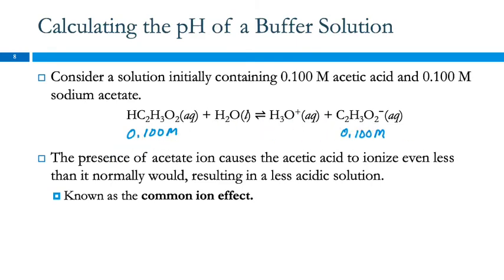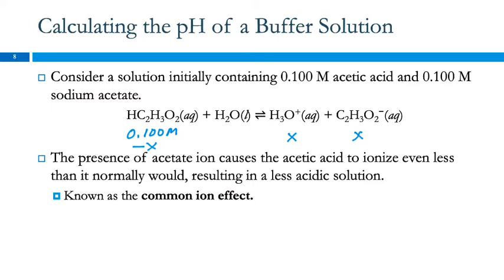Does that make sense? If we didn't have this, then we could make an ice table and we could figure out that this is going to lose X, and this is going to gain X and gain X. So we could look at the Ka and figure out what the concentration is, right? And so some of this would ionize to form the acetate ion.